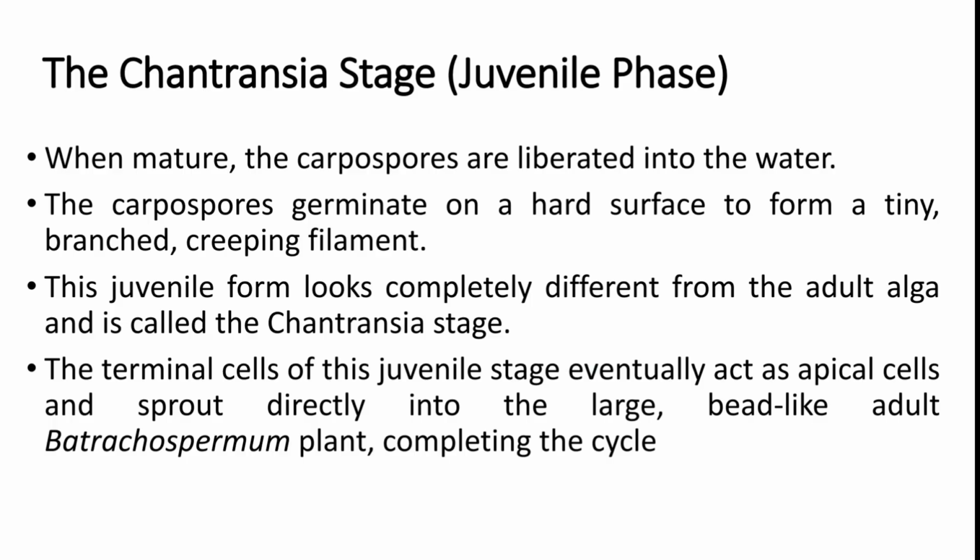Then the chantransia stage. When mature, the carpospores are liberated into the water. Carpospores germinate on a hard surface or suitable substratum to form a tiny branched creeping filament. This juvenile form looks completely different from the adult alga and is called the chantransia stage or juvenile phase.